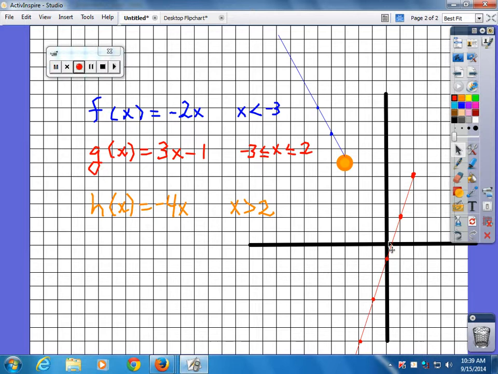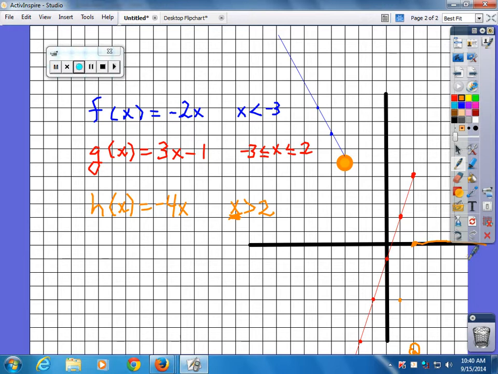It started down here, 1, 2, 3, 4, 1. See, it's going to start right here. It's going to be an open circle, and it's going to go down because that line's going down. Since it says greater than 2, right here.